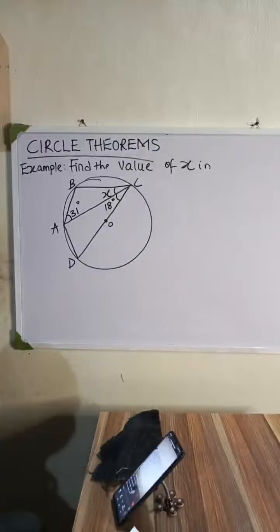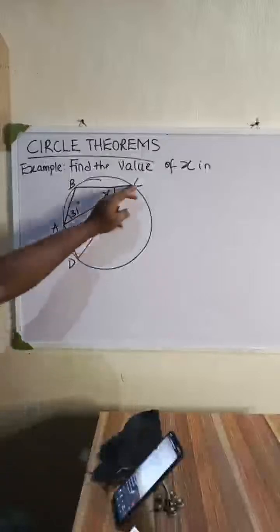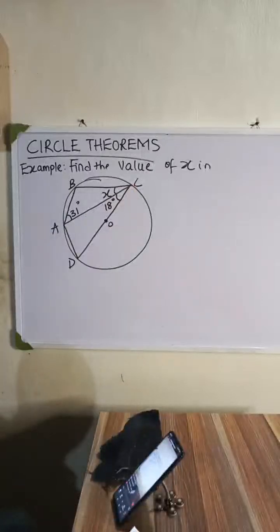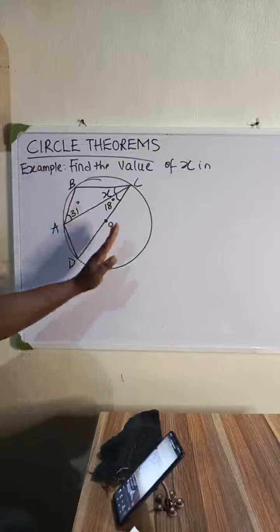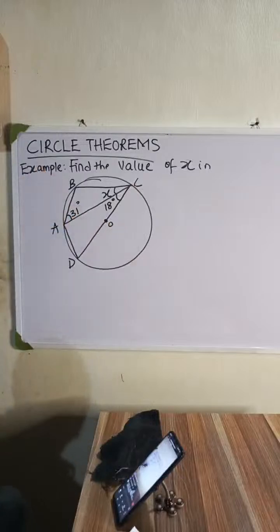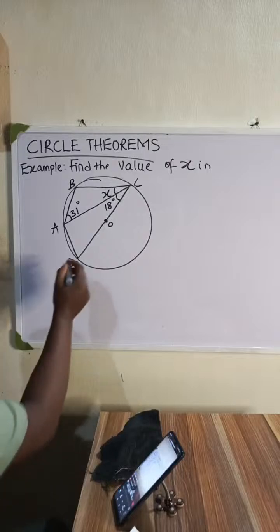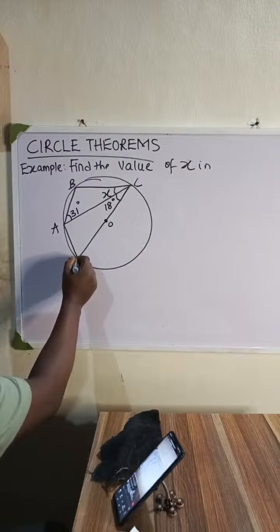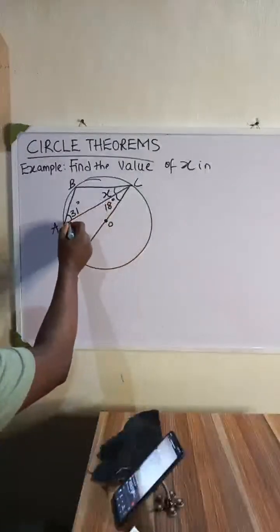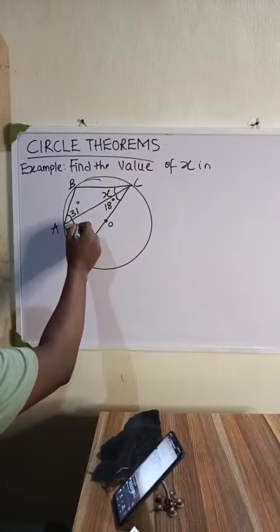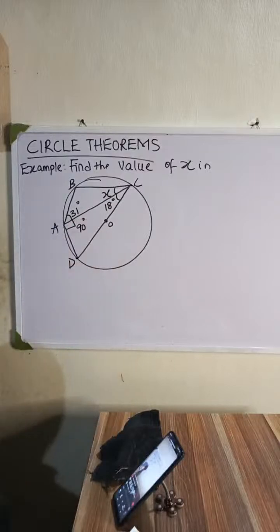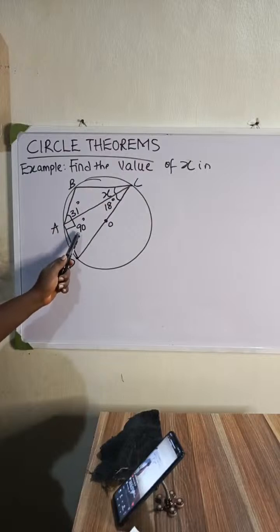Let's confirm. First thing we do is observe that line DC is a diameter. Therefore, this is a semicircle and this is a semicircle. We also observe that the angle in a semicircle is equal to 90 degrees. So this angle is 90 degrees.